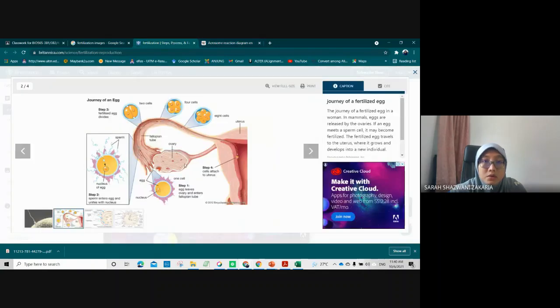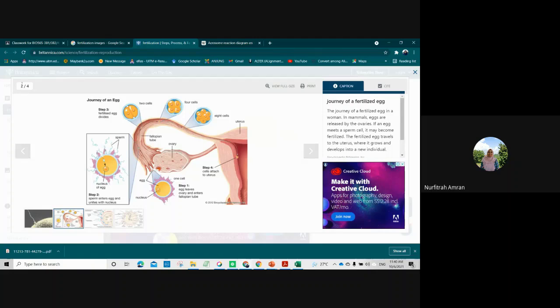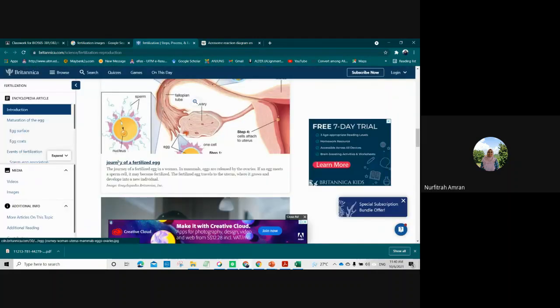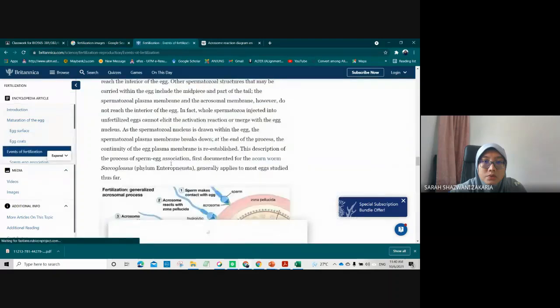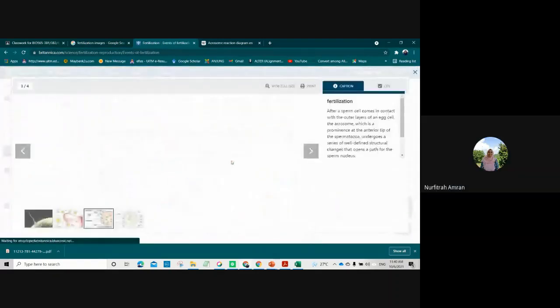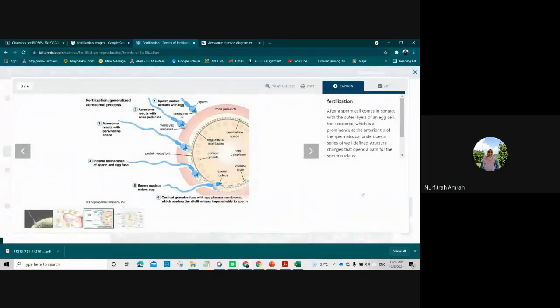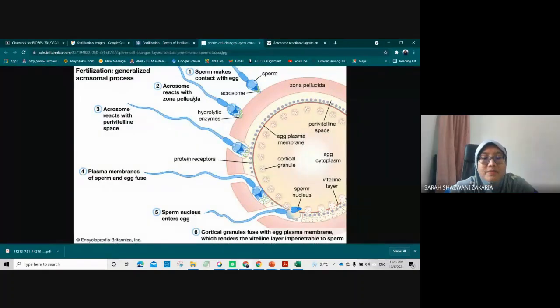You can use another picture. Wait, let me try to find it. Outside the zona pellucida, the outer layer, we have corona radiata.